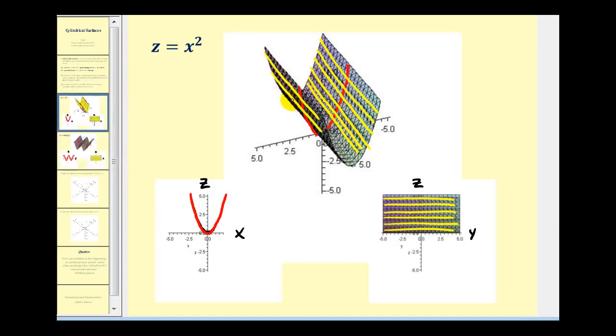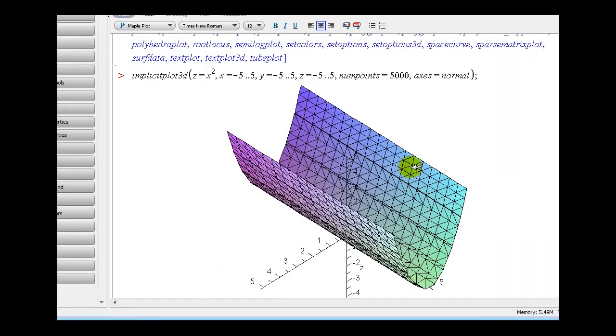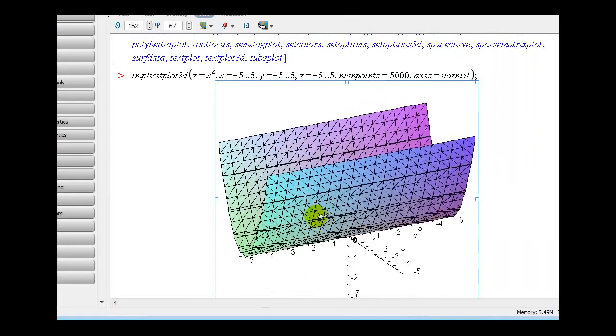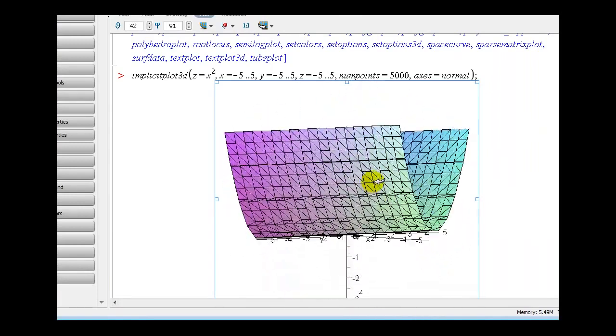And all of these lines would generate the surface. If we take a look at this using Maple, here's the surface, and if we drag and move this around, you get a better idea of what this surface looks like.